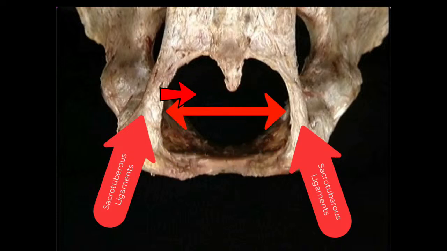So obviously there's no muscles here, and there is one other ligament attaching to the coccyx, but other than that, this whole area is supported basically by musculature.